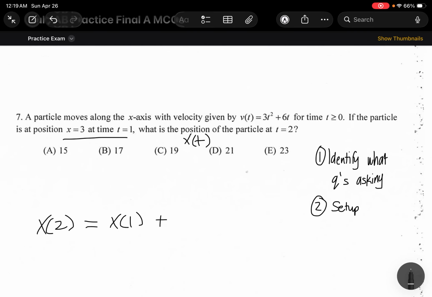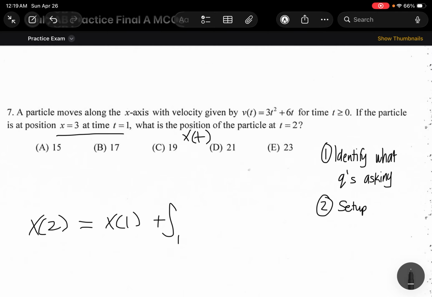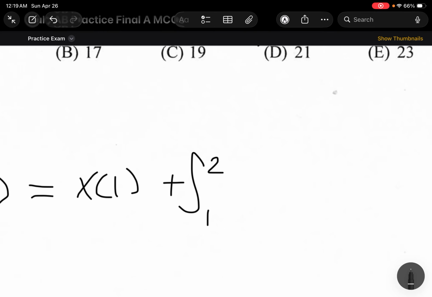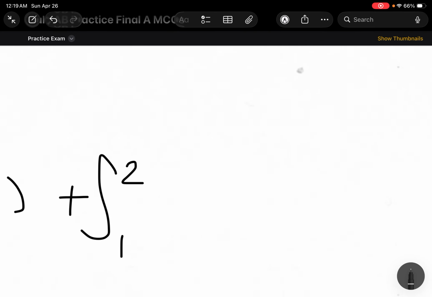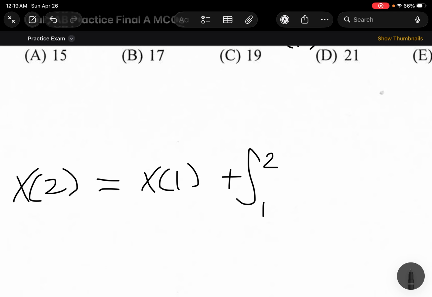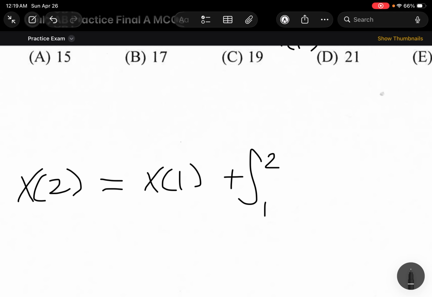Then you're going to add the integral from 1 to 2, since we're calculating the position, and that is the antiderivative, or the integral, of velocity. We're given our bounded limits here because of our given value and our question.